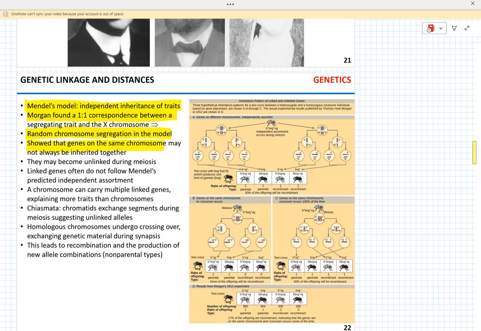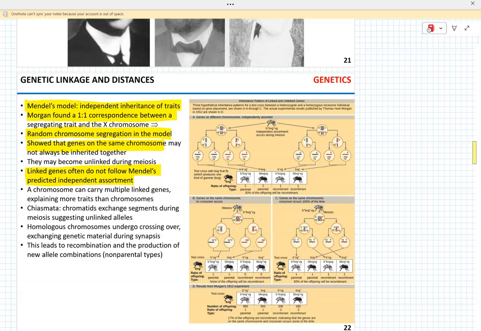The proximity of these genes and the degree of linkage depends on the relative probabilities of the genes being inherited together or not. So, when genes are linked, they would not follow the independent assortment of genes as it was predicted by Mendel.